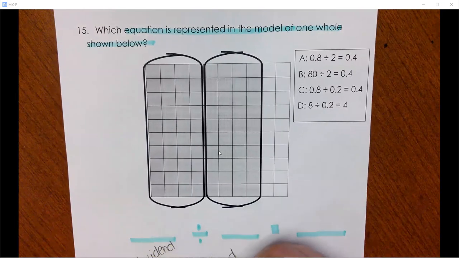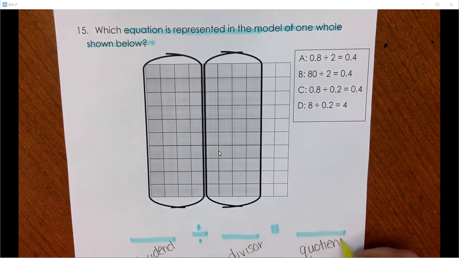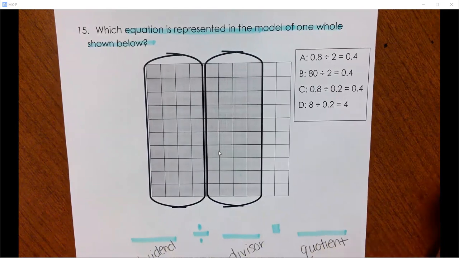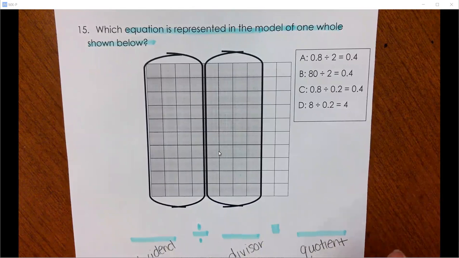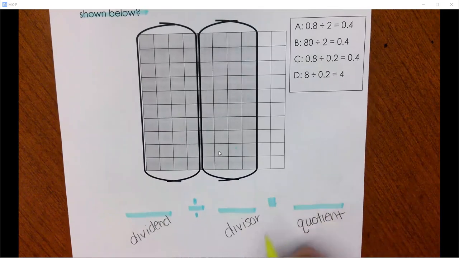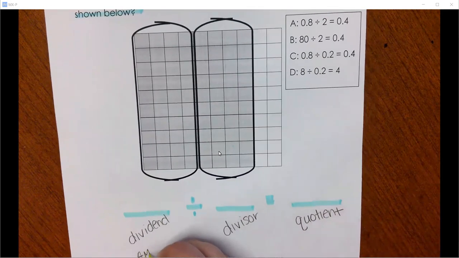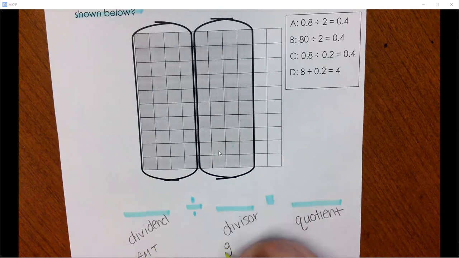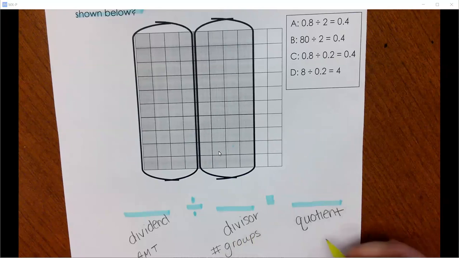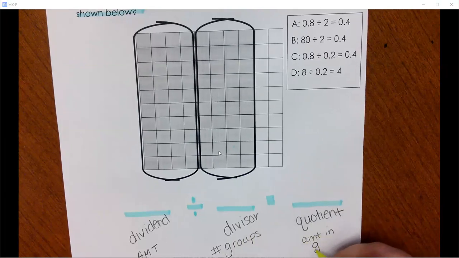This is the divisor. And this is the quotient. So my dividend's the big amount. My divisor is the number of groups. And this is the amount in the group.